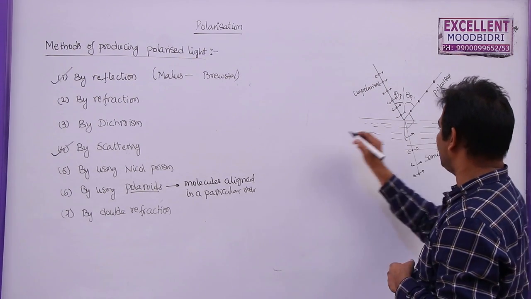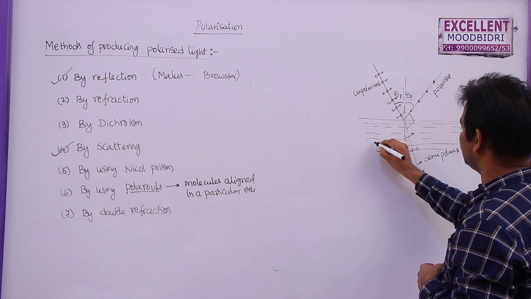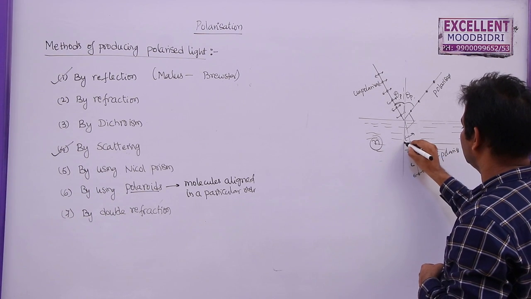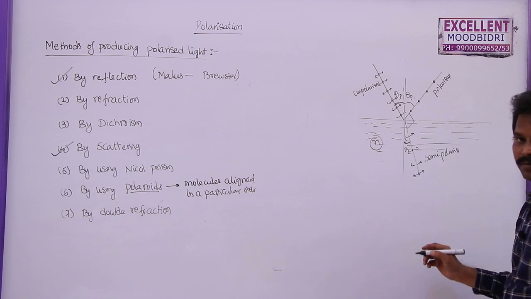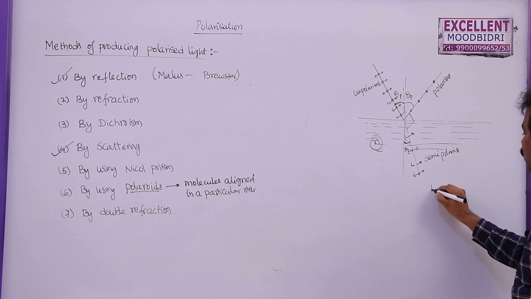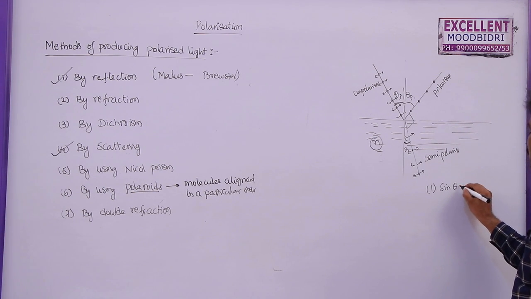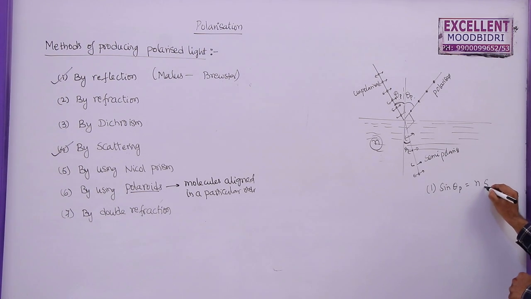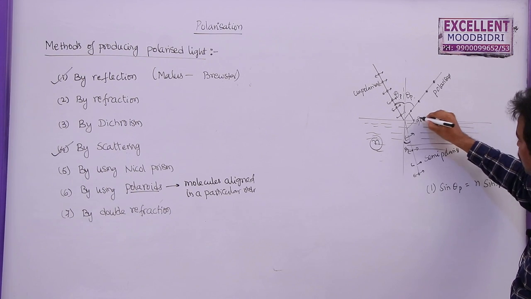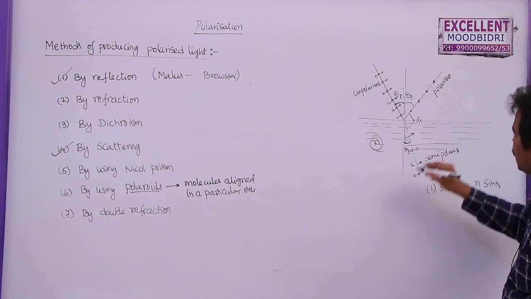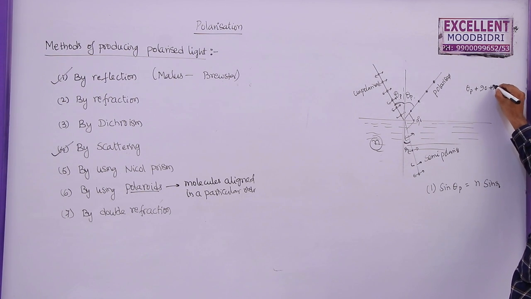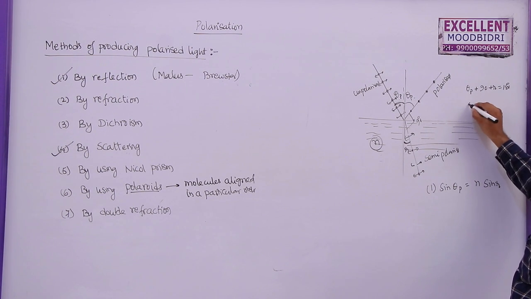So now what we can write, this is the refractive index of this medium, this is the polarizing angle, this is the refracted angle. From Snell's law we can write 1 into sine theta p, where theta p is the polarizing angle, is equal to n into sine r. But the sum of these three angles must be equal to 180 because this is the normal here. On the normal, theta p plus 90 plus r is equal to 180.